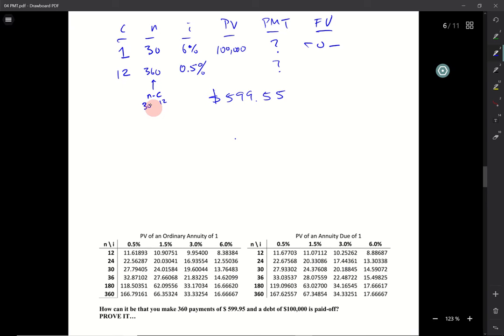And then this one is always I divided by C. So you take this one and divide it. It's actually 6% divided by 12, which is 0.5%, and in decimal it's 0.005. Got it? So that's why you set this up.